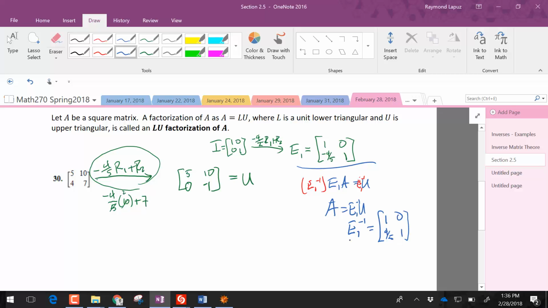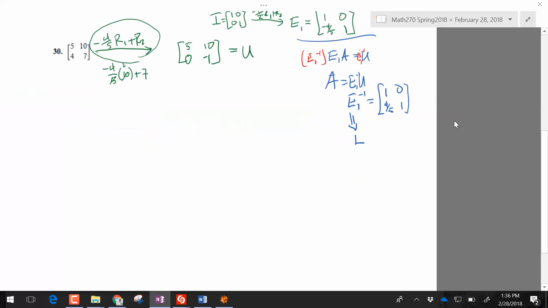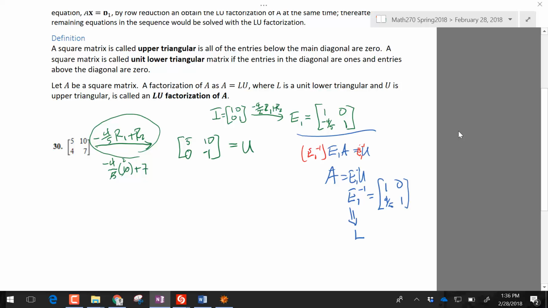So it turns out that this is the L that we're looking for. Yes, the opposite, because it has to be the inverse of that.